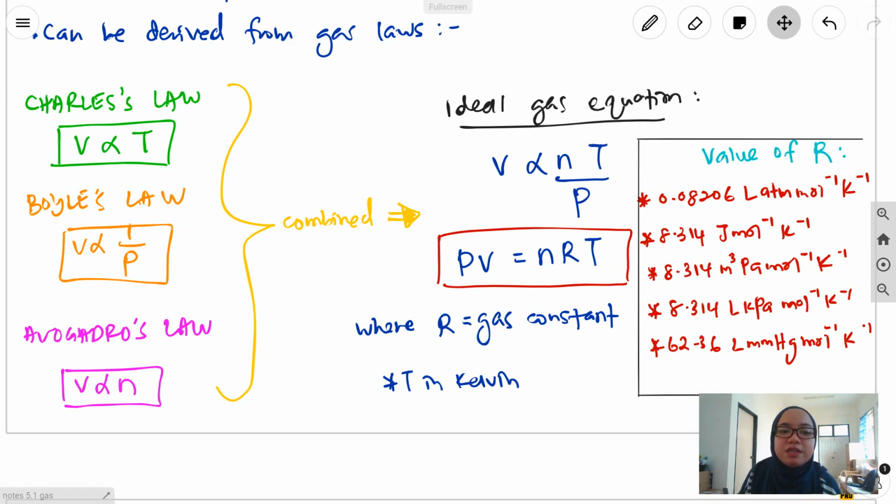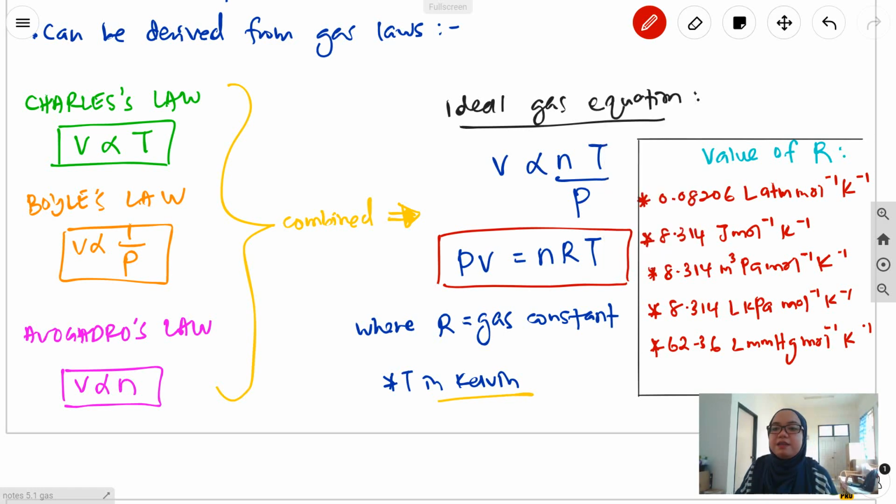When we combine all these, we get V is directly proportional to nT over P, and when we convert this proportionality constant into the gas constant, we get PV equals nRT. R is the gas constant, and temperature must be in Kelvin.